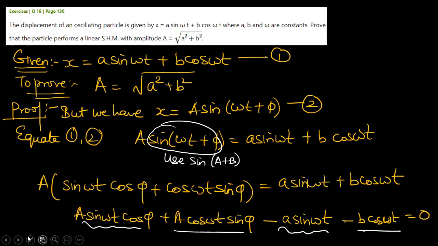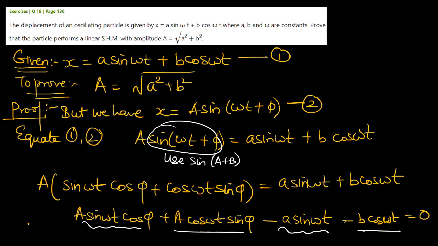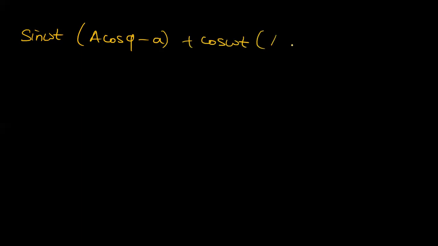So let us take those common. Taking sine omega t common, inside we are left with A cos phi minus a, plus cos omega t common, we are left with A sine phi minus b, equal to 0.